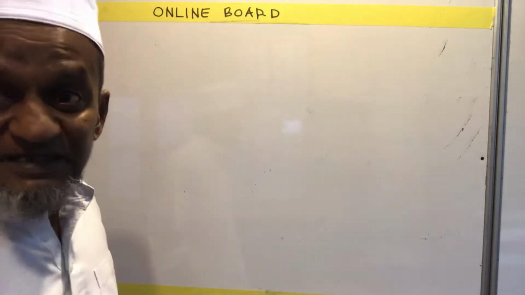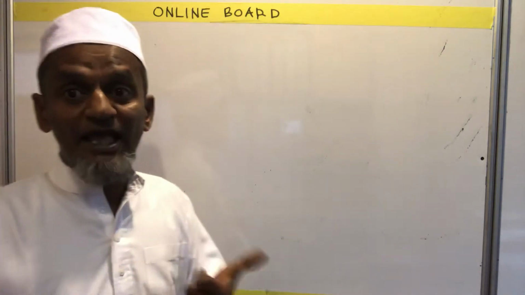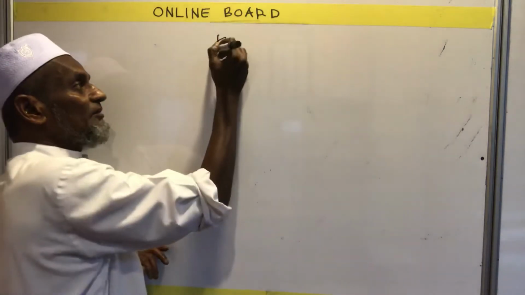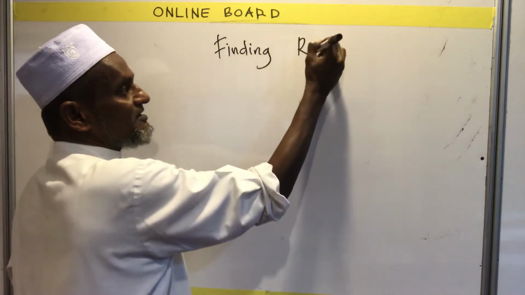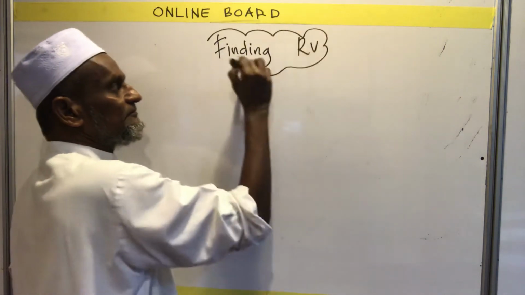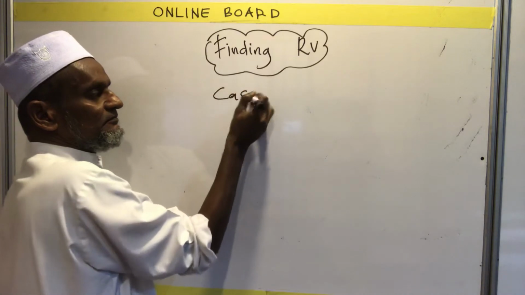You remember just now I said vectors can be represented by a straight line with an arrow. So now we look at finding the resultant vector. Case 1.